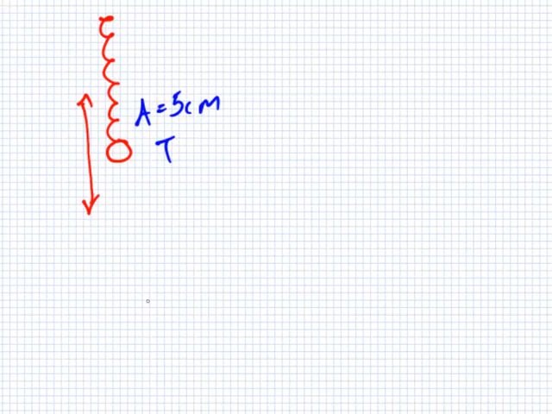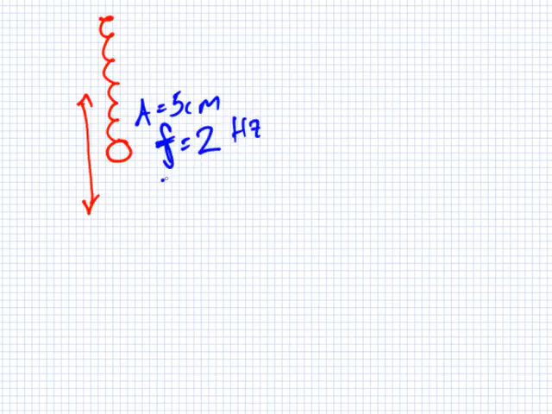So the frequency is 2 hertz, but the time equals 1 over the frequency, so that would be 0.5 of a second. Yeah?